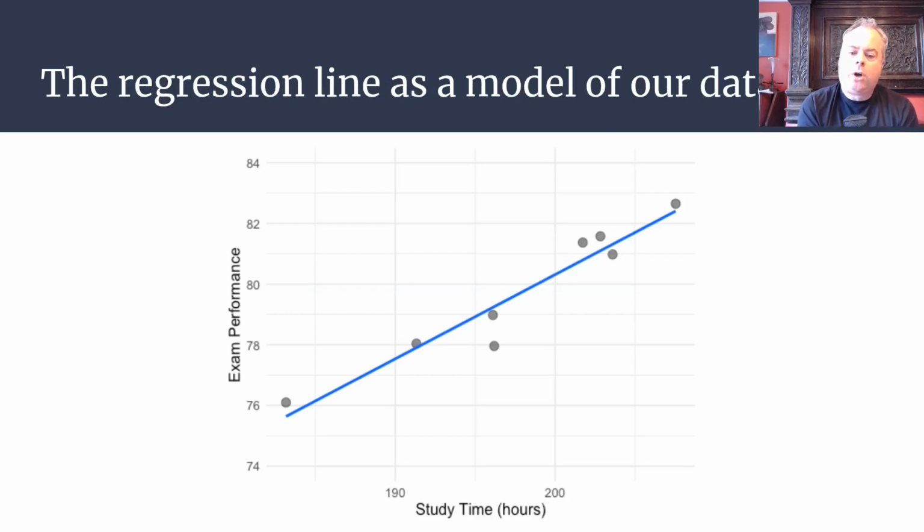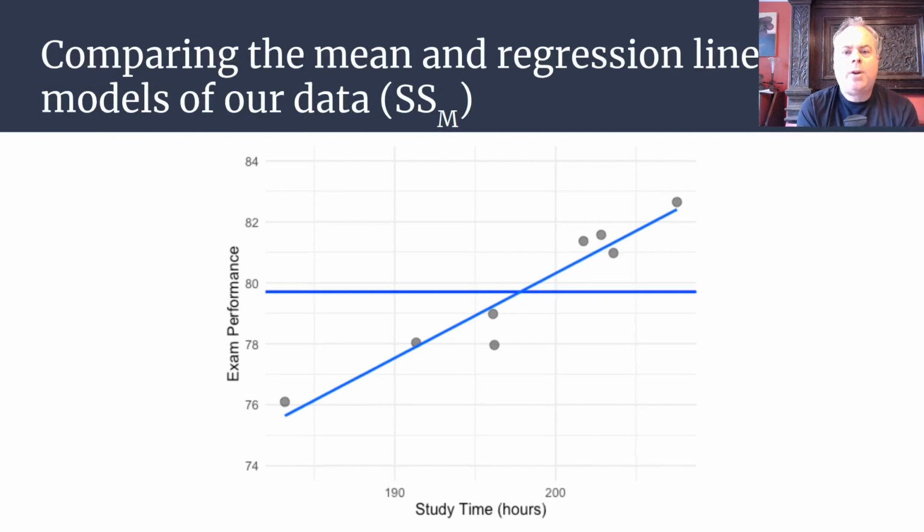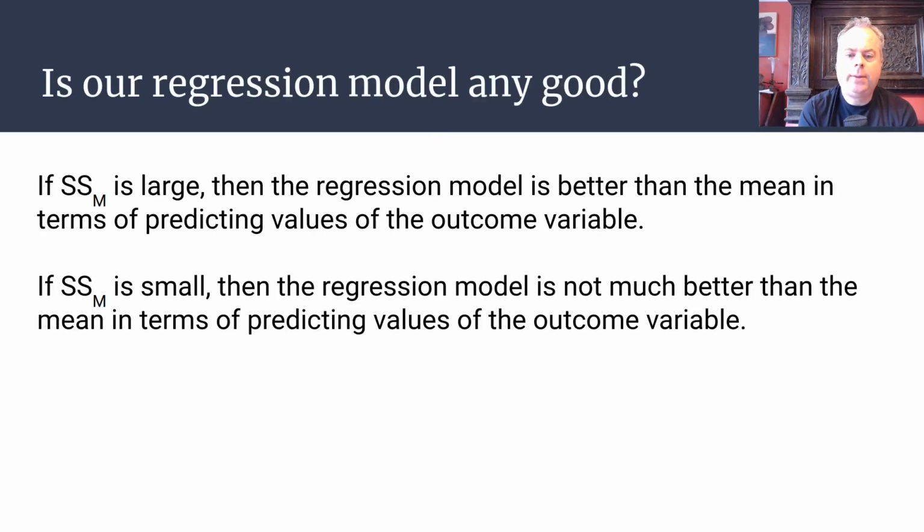We could also draw the regression line as a model of our data. So this is the sum of squares residuals. We can then compare the mean and the regression line as models of our data. This is known as the sums of squares of our regression model. So we can work out these three things.